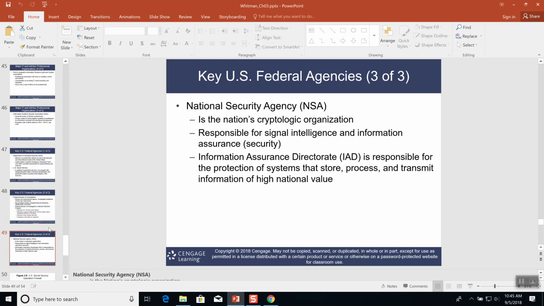The NSA, that's the big one, is the nation's cryptologic organization responsible for signals intelligence, information assurance, and security. They kind of protect everything about the nation in terms of security. How many computers do they have monitoring everything? Probably tons.